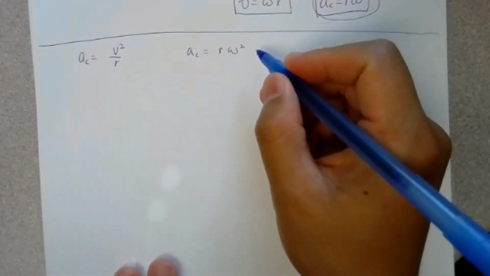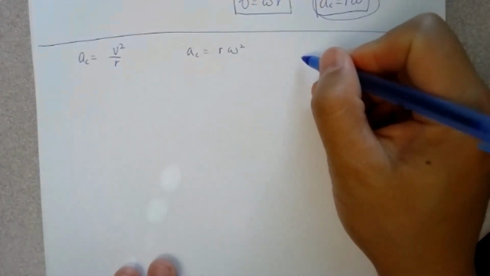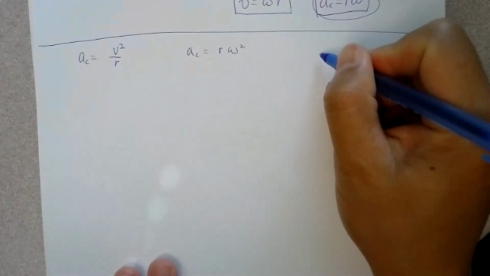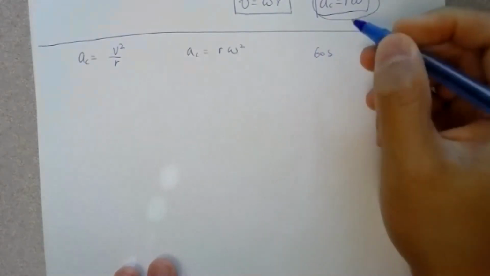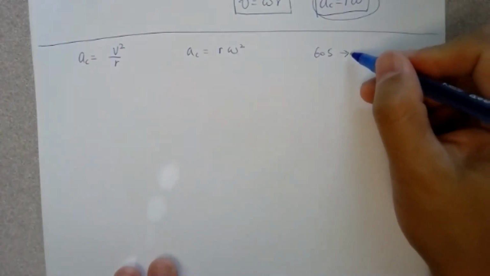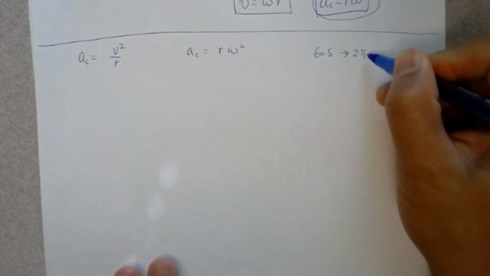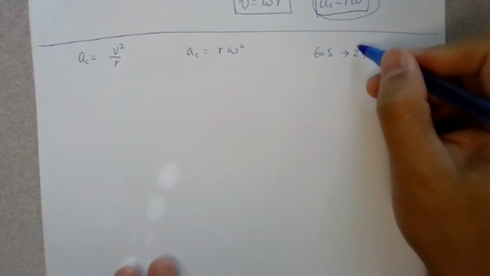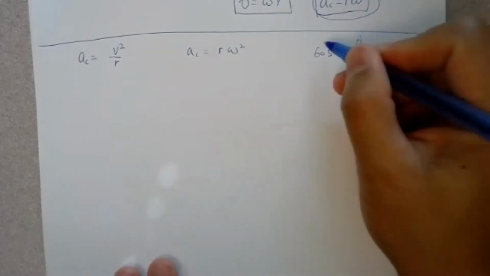For angular speed, it tells us this is a second hand, so that means for every 60 seconds the angle swept is 2 pi in radians. So this is theta, this is time t.